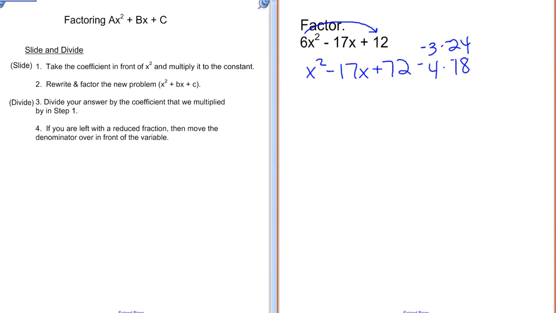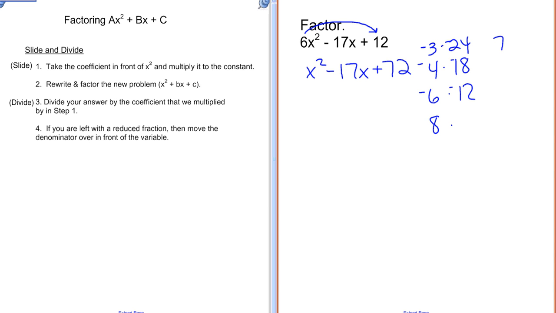Okay. Well, 4 and 18 makes negative 22, so that's not going to be it. And then we can go 6 and 12. Okay, so negative 6, negative 12 gives me a negative 18. So that's not it.